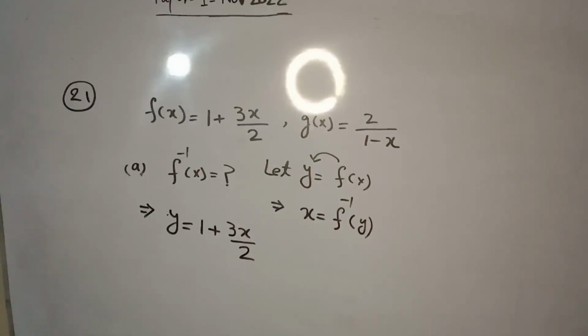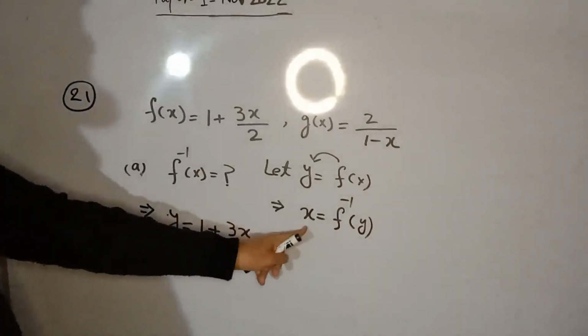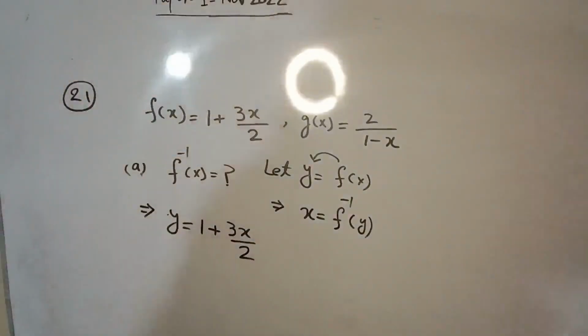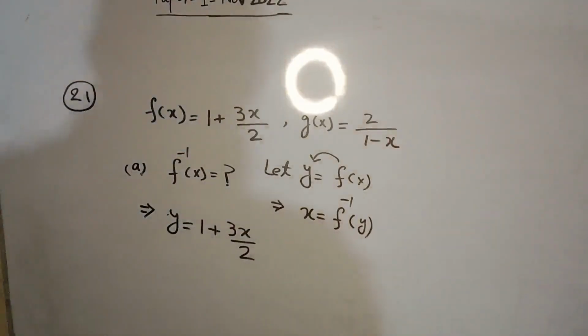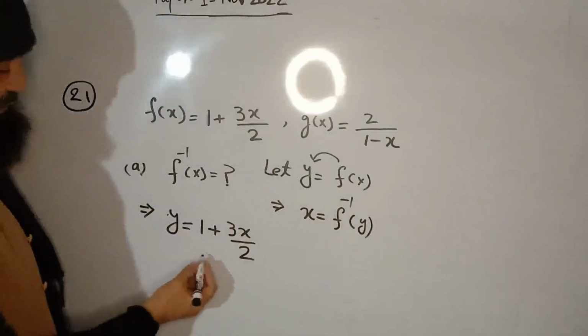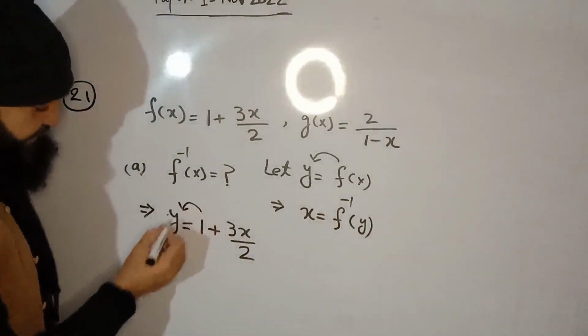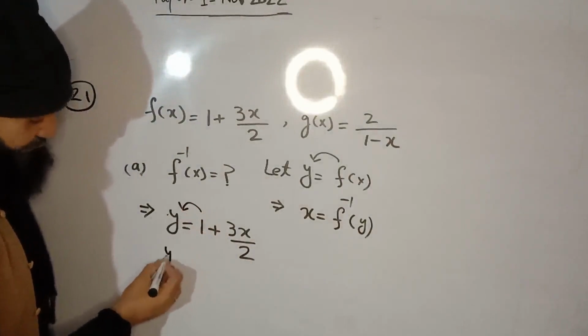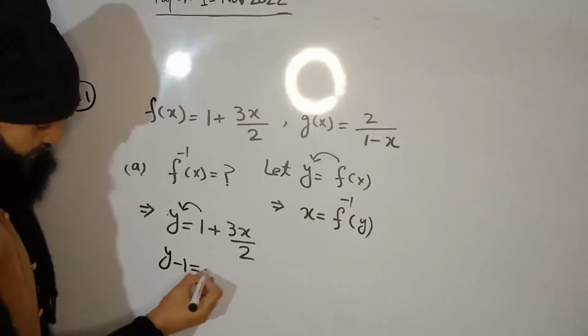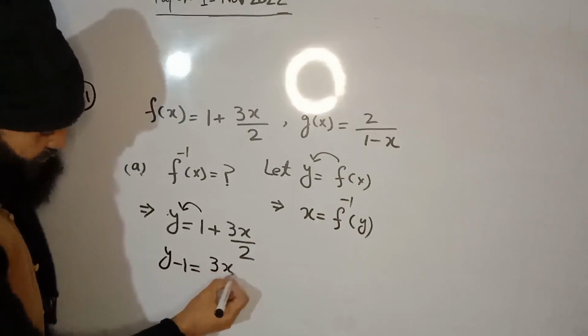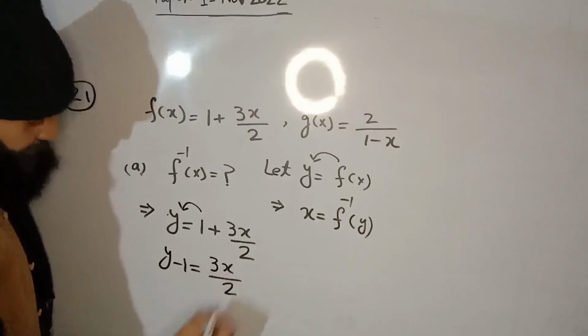That formula will give you f inverse of y. Therefore, first of all, we will make x the subject of formula here. So if we shift 1 to this side, this will become negative. So we get y minus 1 equals 3x over 2.